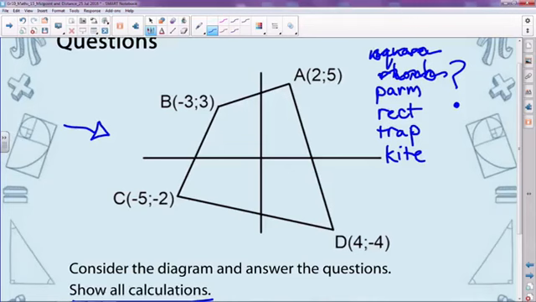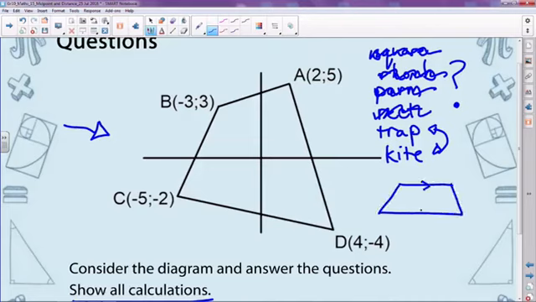Why? Because that makes us feel not so intimidated. And that means the quadrilateral could either be a trapezium or a kite. Now, the one defining characteristic about a trapezium is that 2 of the sides are parallel to each other.